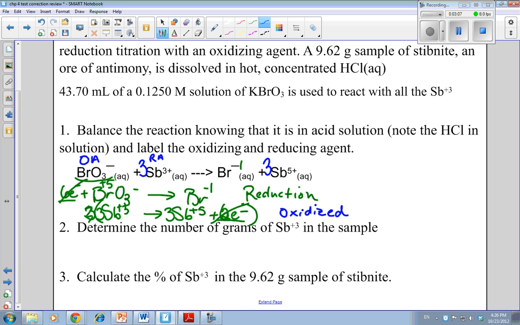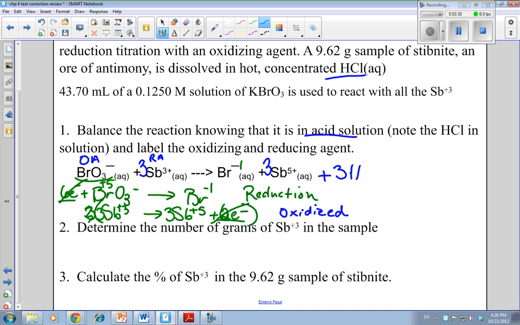My last step is to balance out my oxygens and my hydrogens. Because it is in acidic solution, the problem told me it's occurring in some hydrochloric acid. For every oxygen that I need, I add a water. Over here I have BrO3, so I have 3 oxygens, and I don't have any oxygens on the product side, so I'm going to add 3 waters.